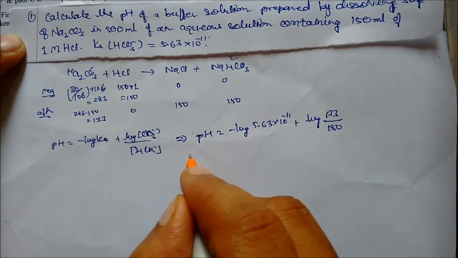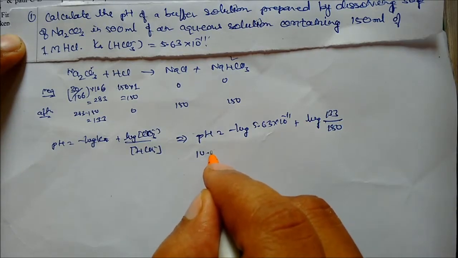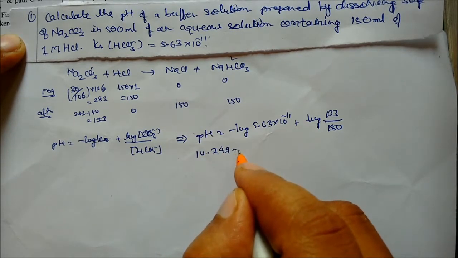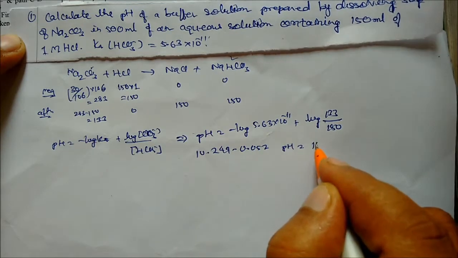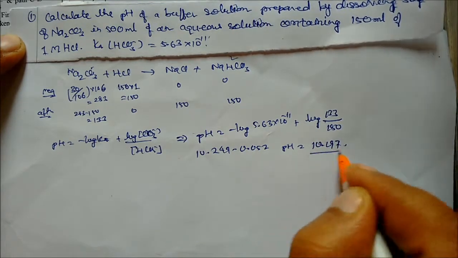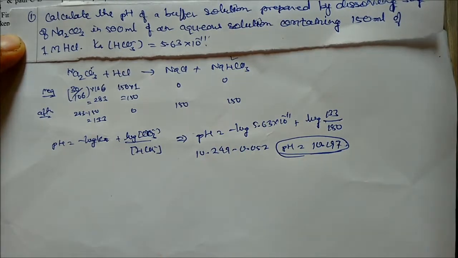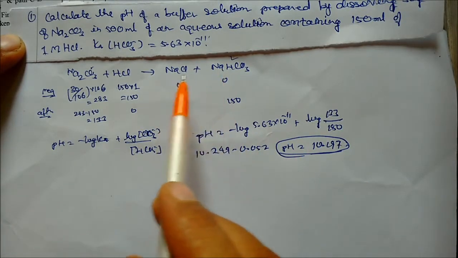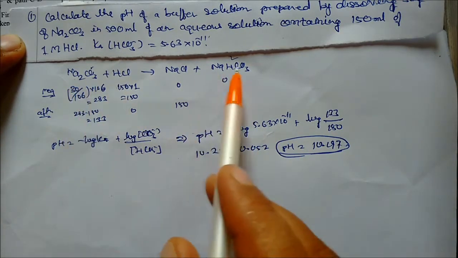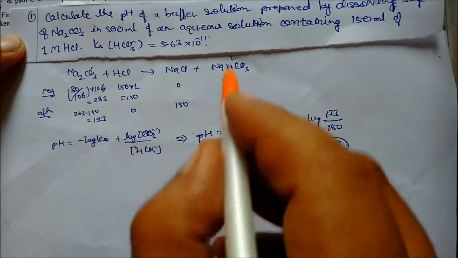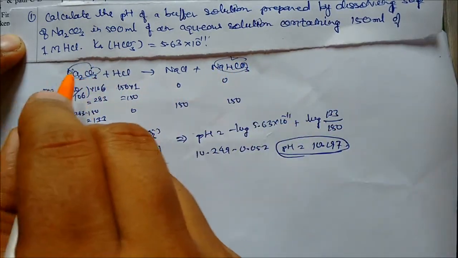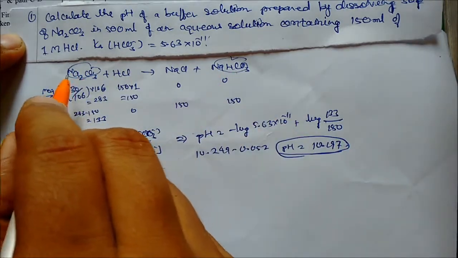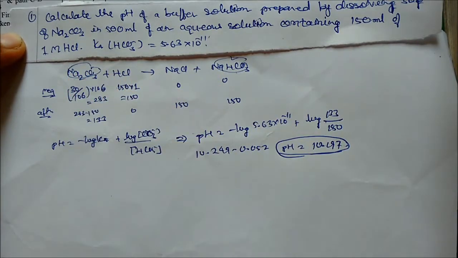On solving we get 10.249 minus 0.52, so the pH is 10.197. This is our answer. Keep in mind this is our salt, acting as a base, and this is acting as an acid. This is a very important question.